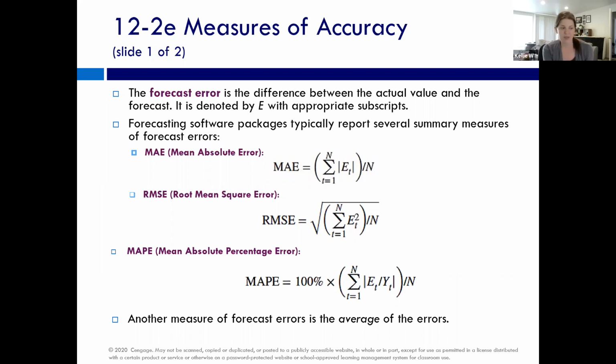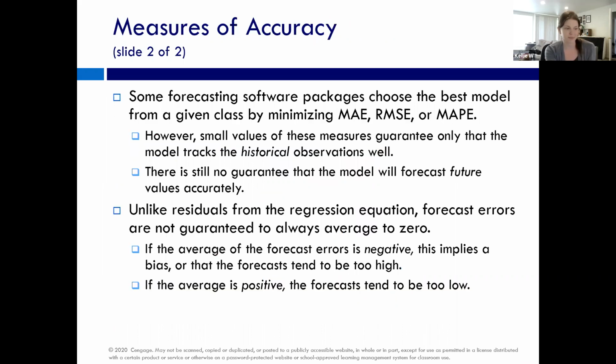The three major things that they calculate for error are the mean absolute error, the root mean square error, and the mean absolute percentage error. These are all similar to the types of errors that we measure for regression. They're just a little bit different because the error related to the forecasting data is a little bit different.